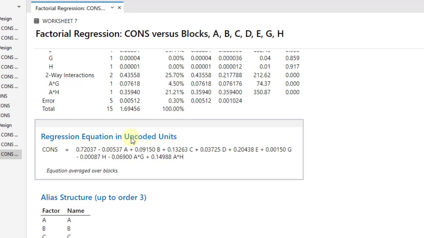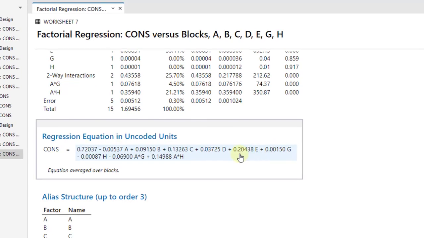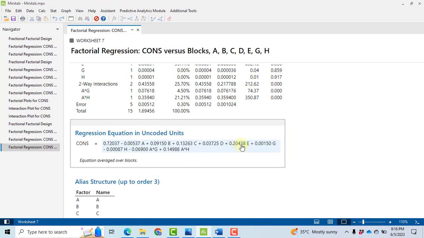How much? You can write it like this: with the increase of 1 unit in A, there will be a decrease of 0.00537 units in the CONS. For example, one more: with the increase of 1 unit of E, there will be a decrease of 0.20438 units in the response variable CONS.